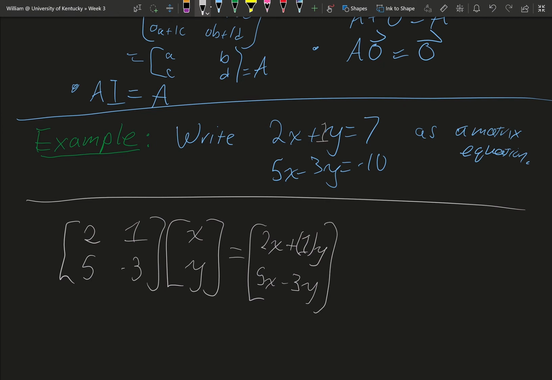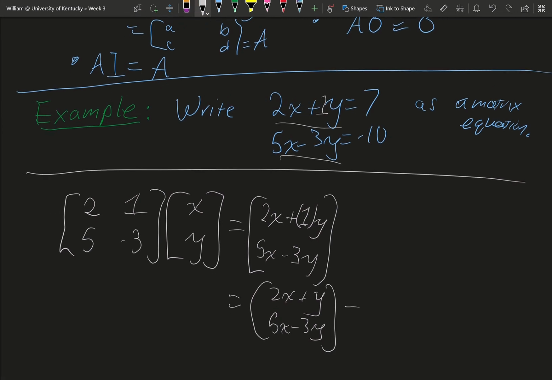So just simplifying once more, 2x plus y equals 5x minus 3y. And so up here we can see, oh, this is the same thing as there, and 5x minus, oh, we have that right here.